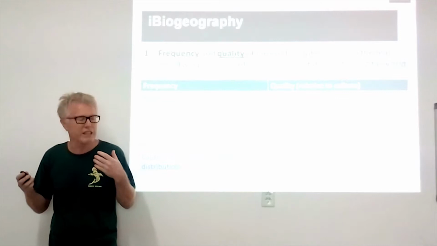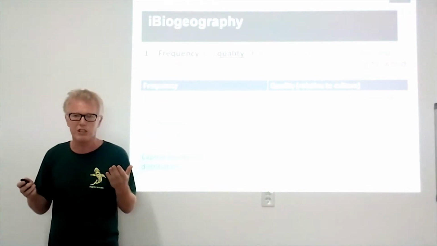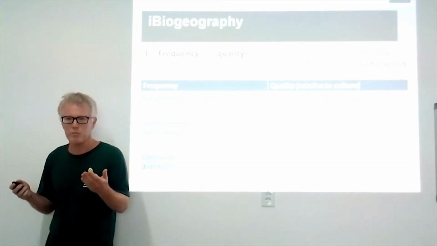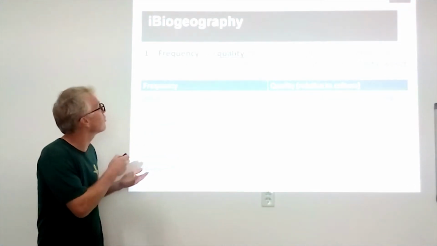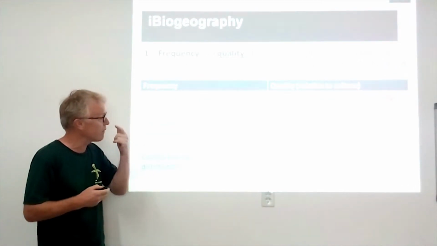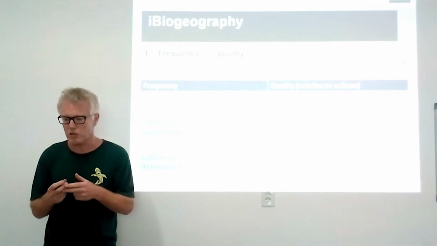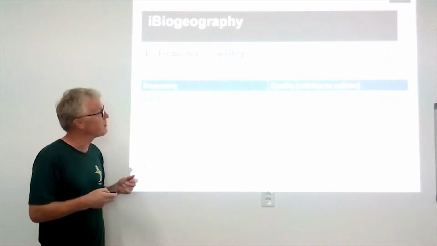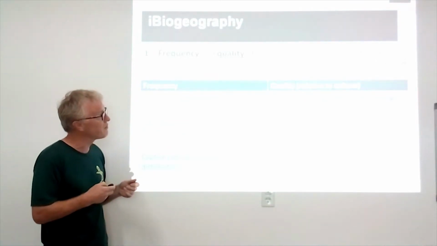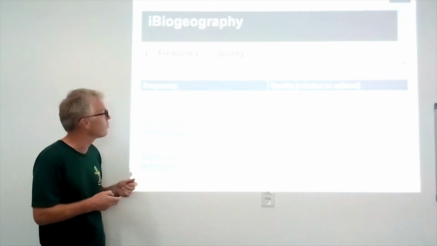So we're trying to explain the distribution of species in the digital realm over time and space: internet biogeography, or iBiogeography as we call it. There are two principles here. The first one is that the frequency and quality of encounters with species in the real world will positively influence representation in the digital world.